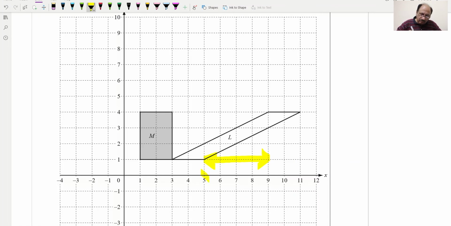We can mark the center of enlargement like this one, and now we can enlarge this through this center. Basically if we draw the lines, this will be passing through this one, and the second line will be passing through this point.